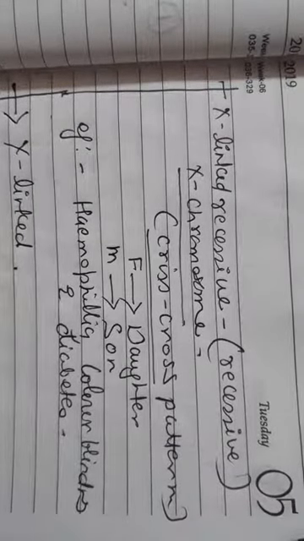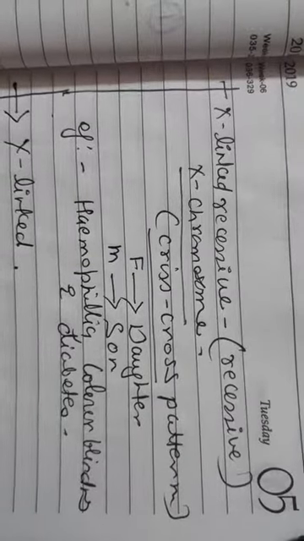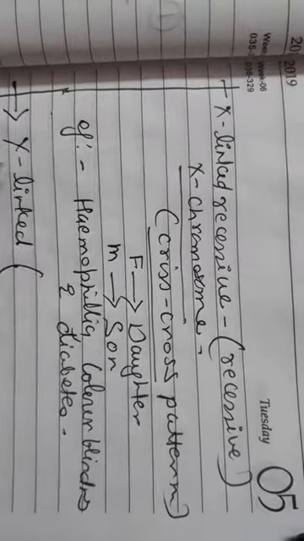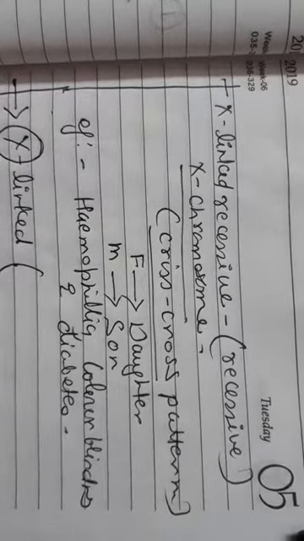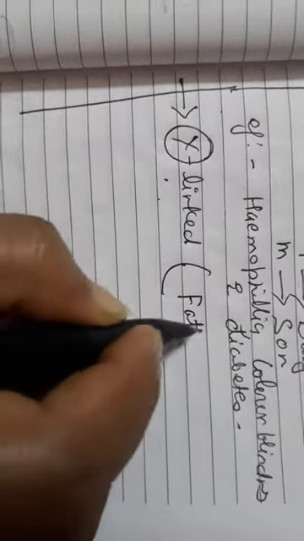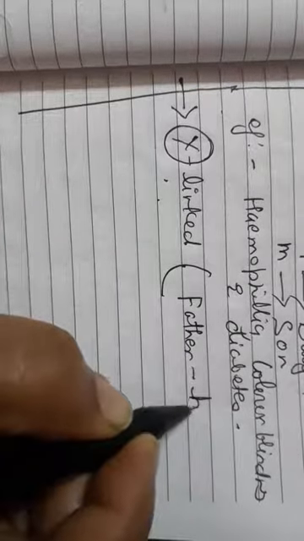Now these Y-linked, the genes for such traits are located on the Y chromosome. So that is why it is mentioned over here that these are Y-linked diseases. The genes for such traits are located on the Y chromosome and transmitted from father to son.